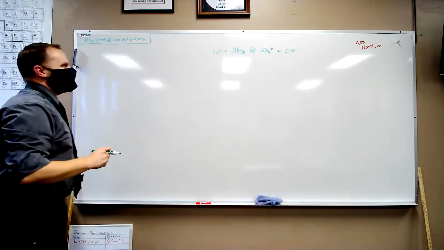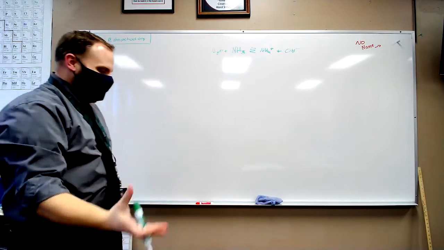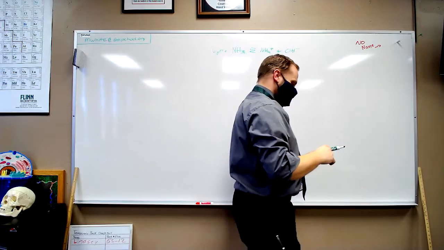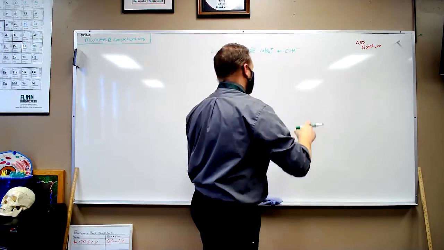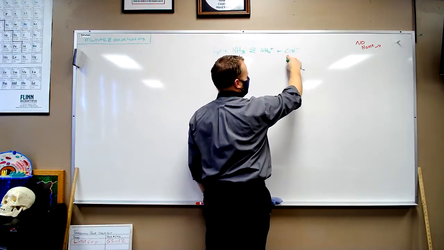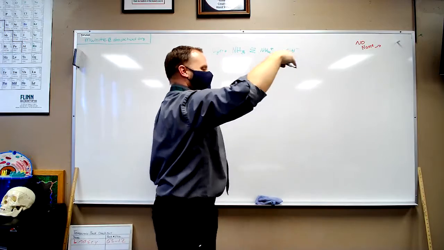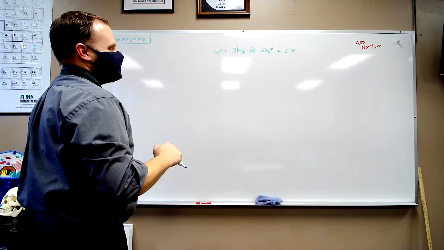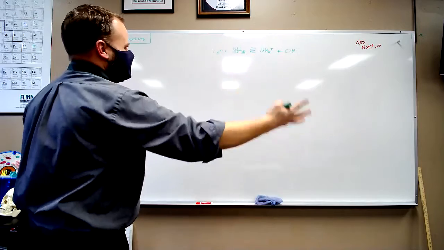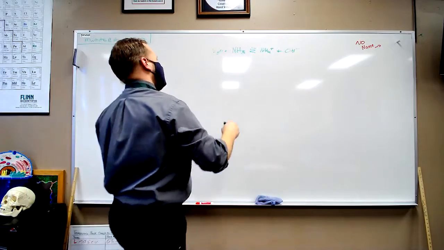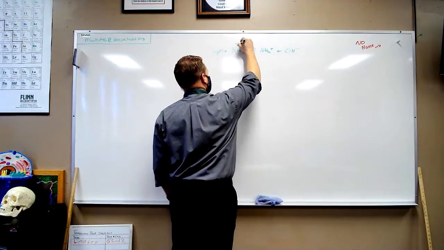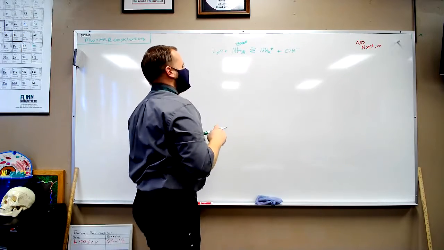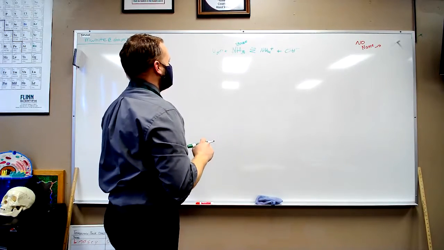So the Bronsted-Lowry base is able to take the hydrogen off of water, which leaves our OH minus. That's where our increased concentrations of OH minus come from. It's from the water, because our Bronsted-Lowry base right here took the proton.